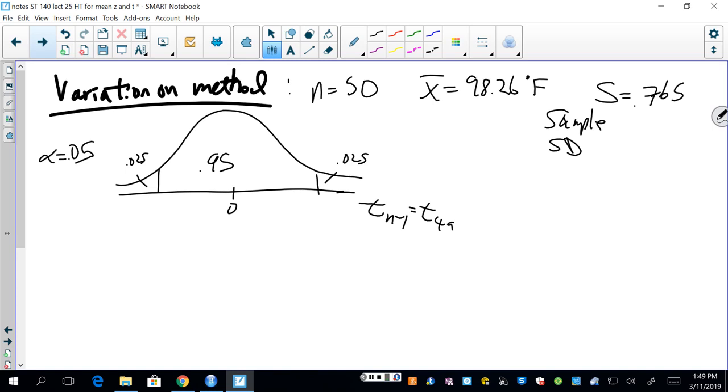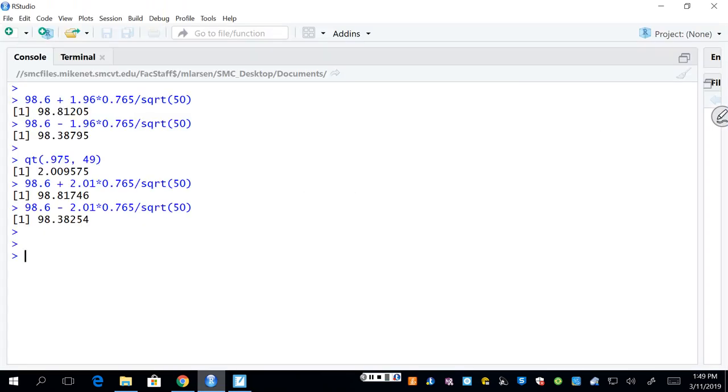And with this t distribution, it's actually 2.01. The qt function in R will give us the percentiles or quantiles for a t distribution. You can put in the percentile you want and the degrees of freedom.